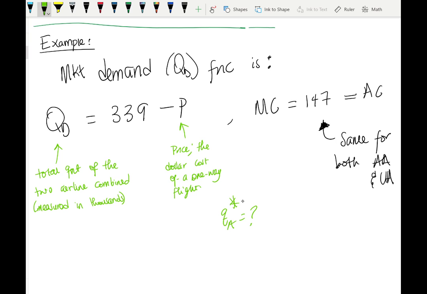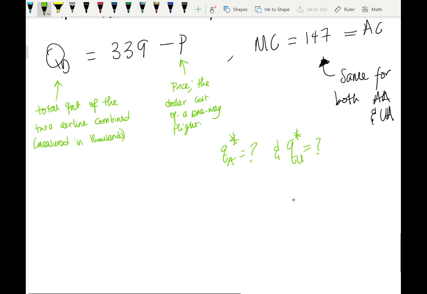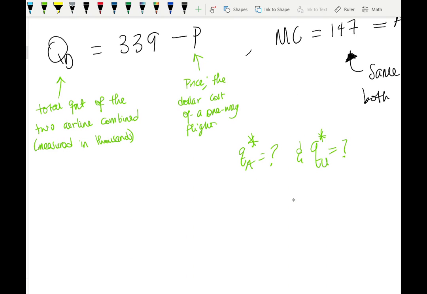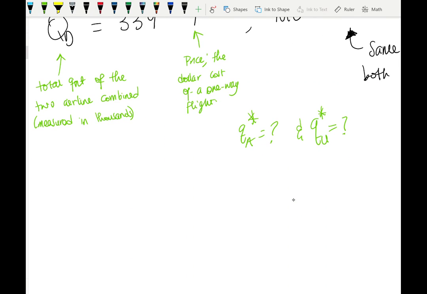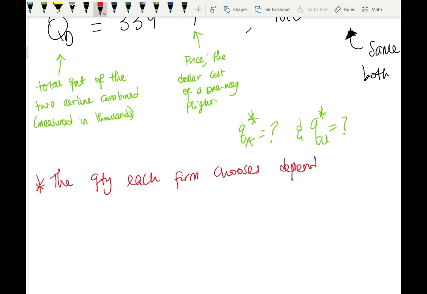So let's use this information to figure out how many flights should be offered by American if they're maximizing profit, and how many should be offered by United if they are also maximizing profit. It's important to note that the quantity that each firm chooses depends on their residual demand curve.